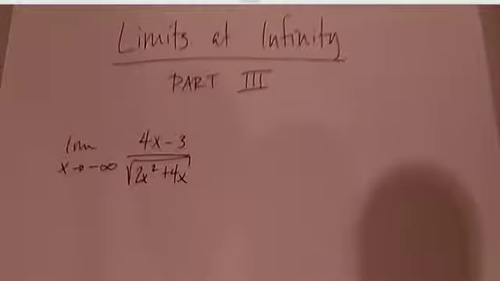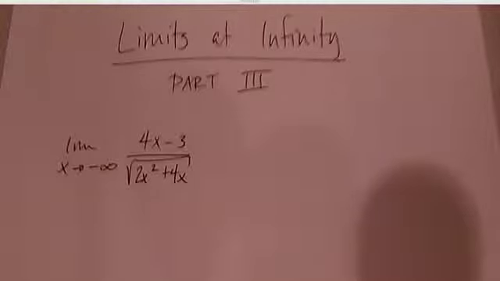Let's try the limit as x approaches negative infinity of (4x minus 3) over the square root of, well, I actually copied that wrong, but you'll know the difference. 2x squared plus 4x. That just makes the arithmetic a little bit more difficult, but we'll just hang on to the radical.